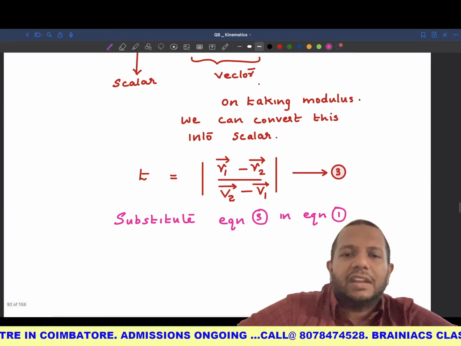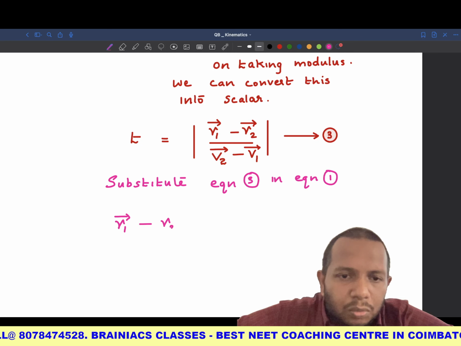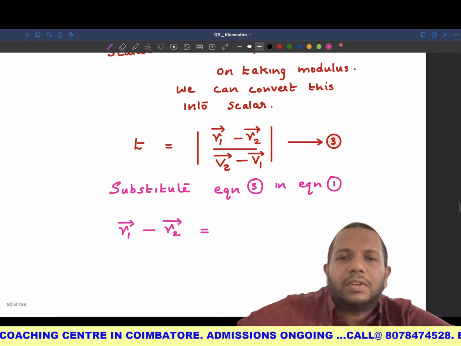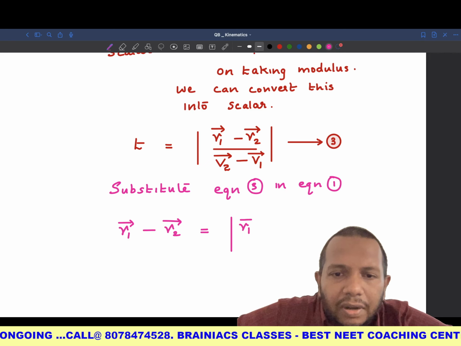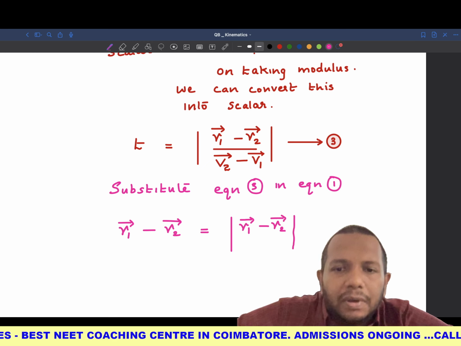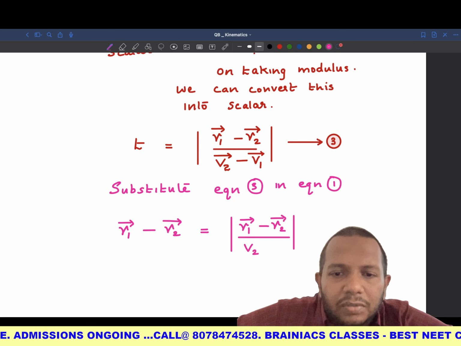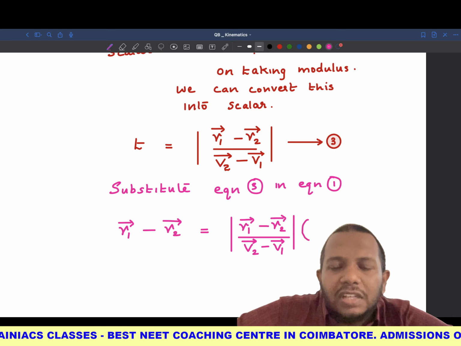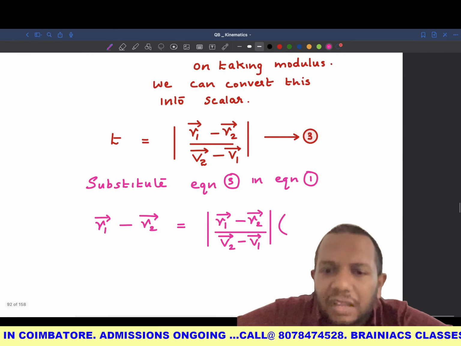I can write it like this: r1 minus r2 equals, for time I am applying this one, r1 minus r2 divided by v2 minus v1, it's a magnitude only. Then outside that, as per our equation 1, we have v2 minus v1, where the vector is present.